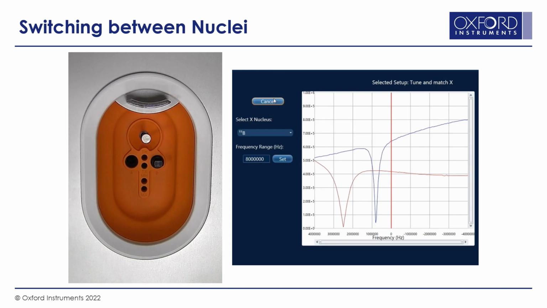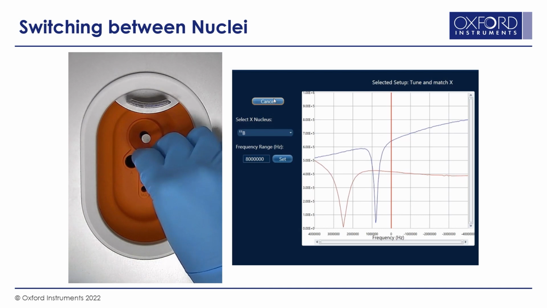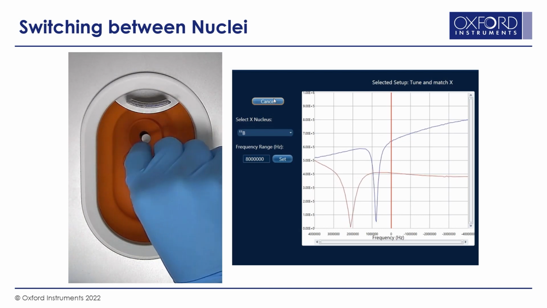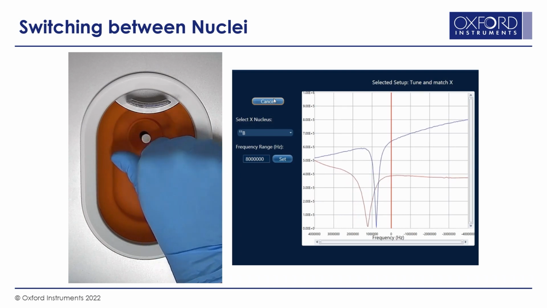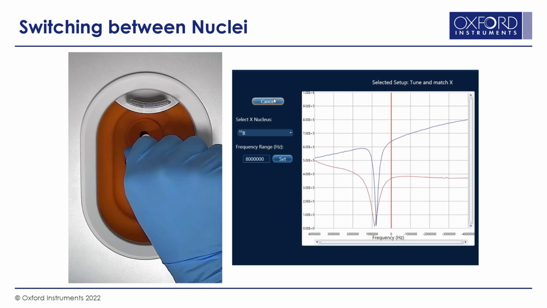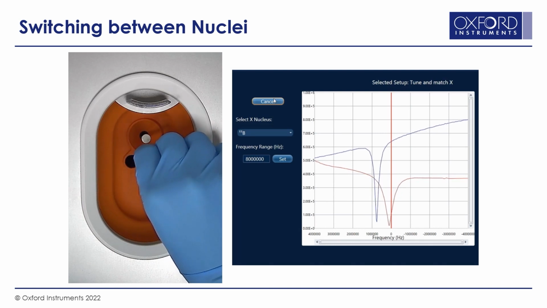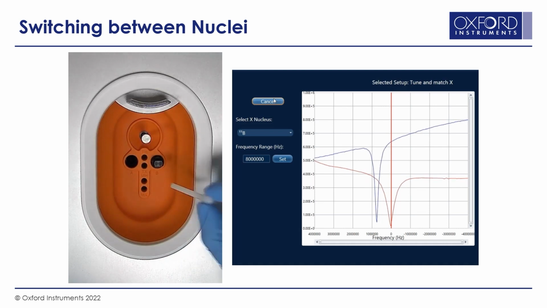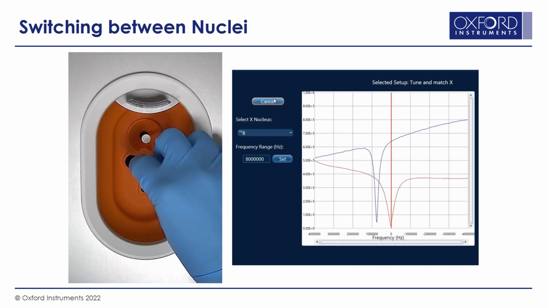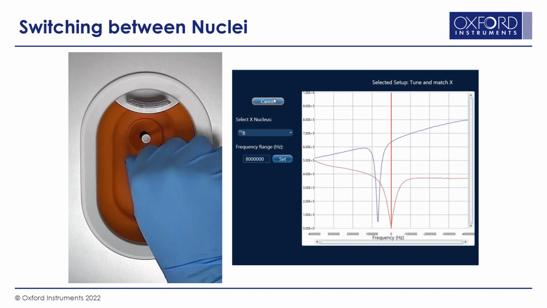This is achieved on the X-Pulse by inserting 1 or 2 fixed capacitors, which are the black rods, with each combination covering a range of NMR active nuclei. Then adjusting 2 variable capacitors per channel to tune the circuit and to maximize the power transfer of the transmitter and receiver, which is indicated in our SpinFlow software by ensuring that the minima in the curves are both centered, indicating that the circuit is tuned to the correct frequency, and as close to 0 as possible, to match the power transfer to the receiver circuit.